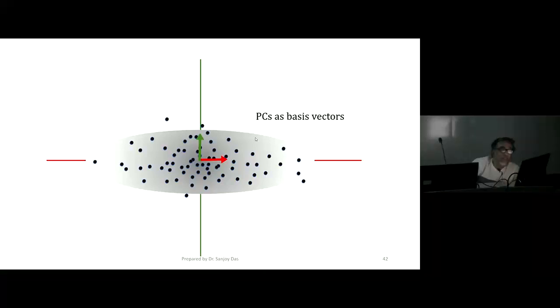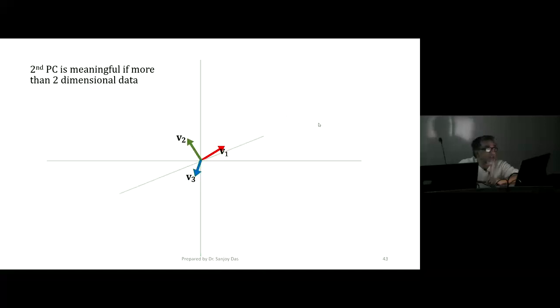Now, since the axes of this ellipsoid are aligned with the coordinates, the covariance matrix is a diagonal matrix. So dimensions become uncorrelated. So this is when you use the PCs as basis vectors.